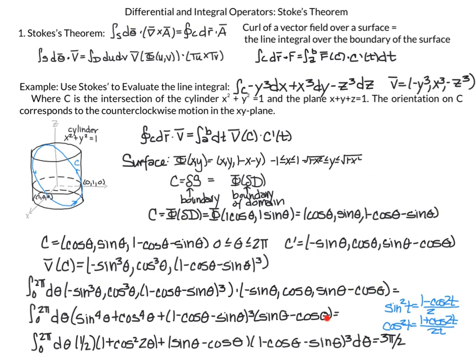I do my dot product, and then I started to do my integration. I didn't have room for everything, but I did use some of these double angle formulas, and eventually I got to 3 pi over 2, which if you look back is the same answer I got when I did this using the surface integral.